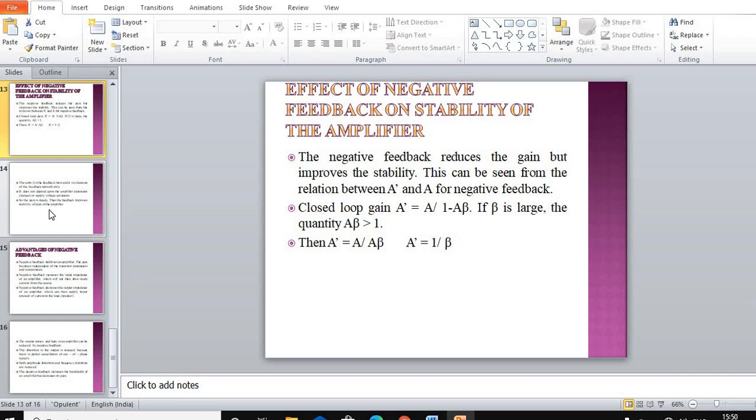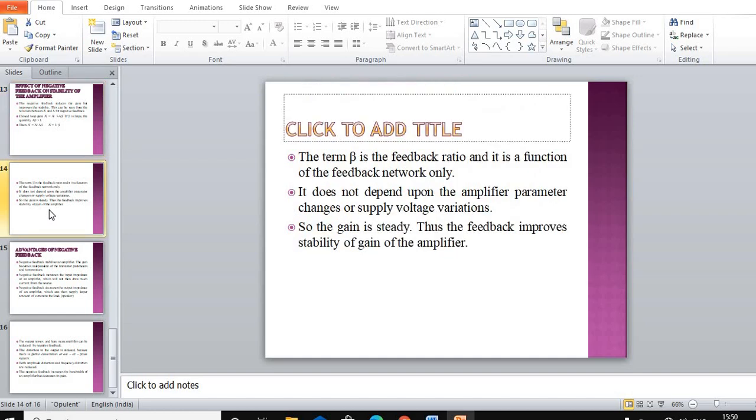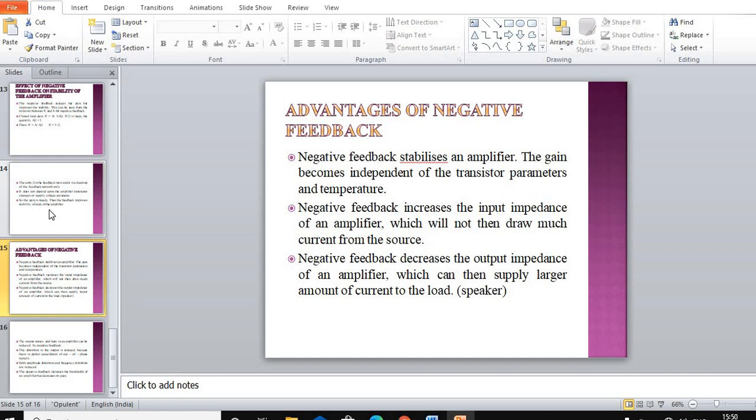Then A prime equal to A divided by A beta. So A prime equal to 1 by beta. The term beta is the feedback ratio and it is a function of the feedback network only. It does not depend upon the amplifier parameter changes or supply voltage variations. So the gain is steady, thus the feedback improves the stability of gain of the amplifier.